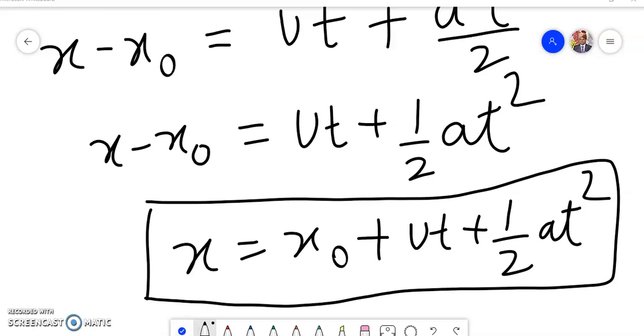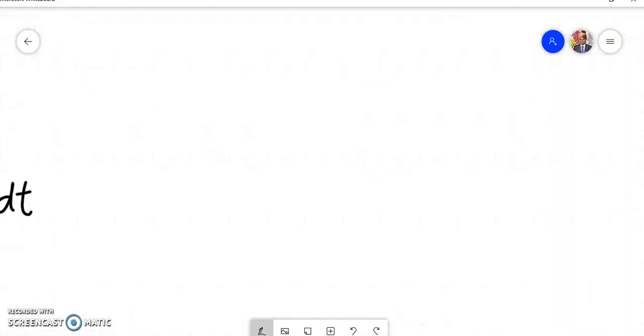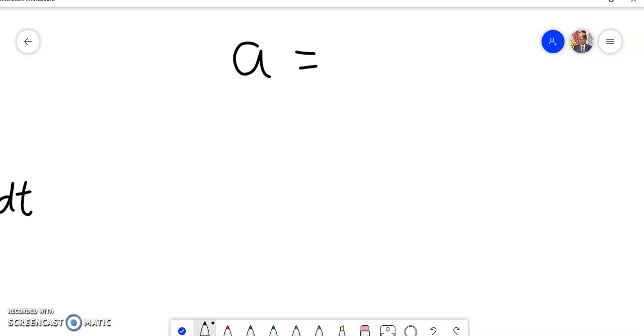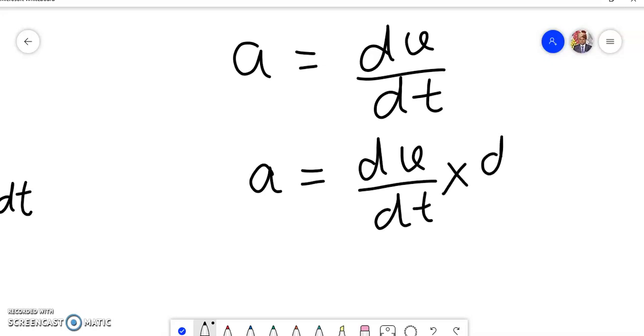Now comes the third one. This third equation is very important because it requires various concepts which are used in your various numericals. See, for the third equation we know that a is equal to dv upon dt. Now we will do a certain trick here. This a can be written as dv upon dt into dx upon dx.